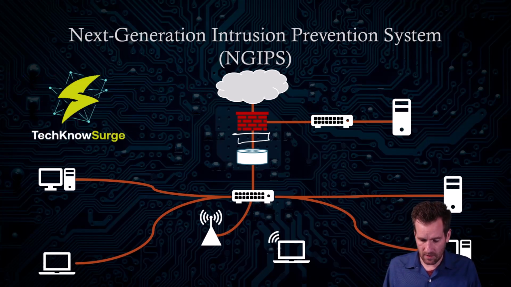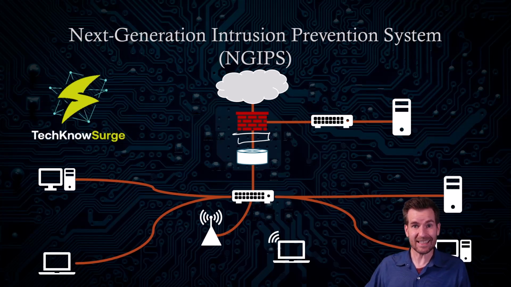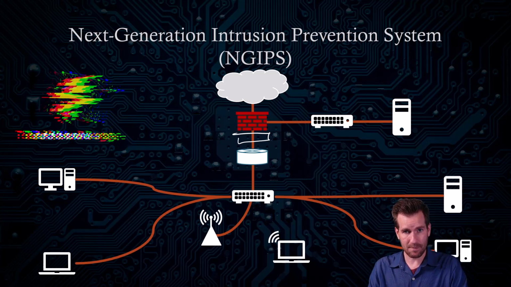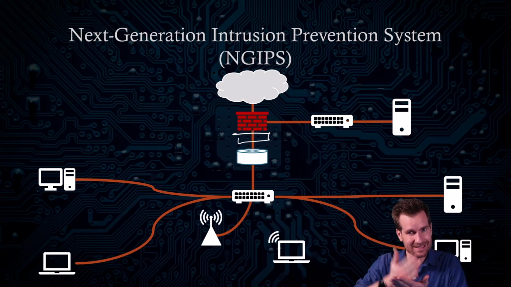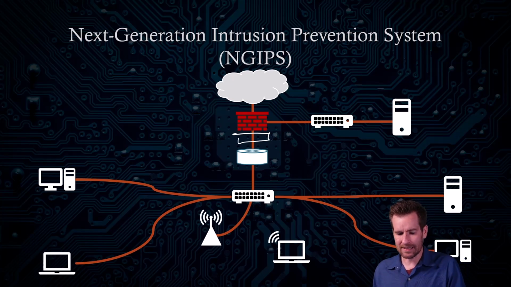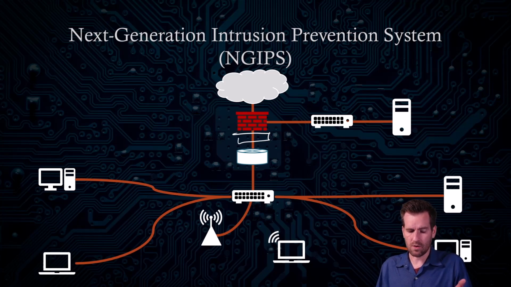Now, the advantage of this is that once it determines that there's some sort of intrusion happening on your network, it will stop it from happening right away. It's inline, so it controls all of the data that's going through it. Now, it's a single point of failure, or could be a single point of failure. So you may or may not want this to be inline.